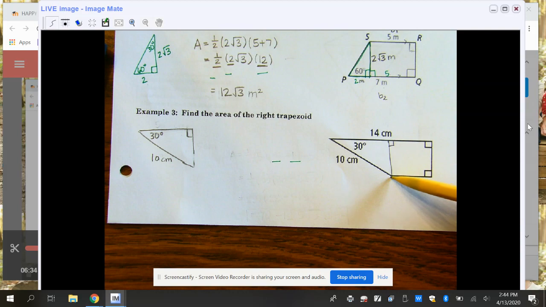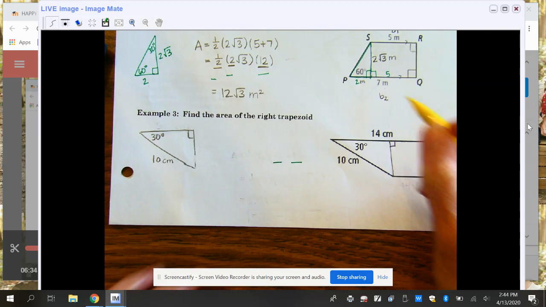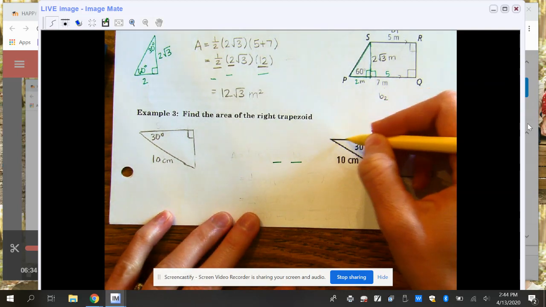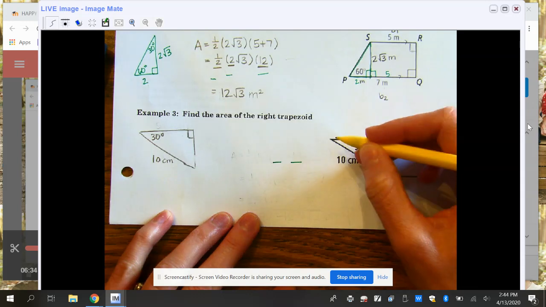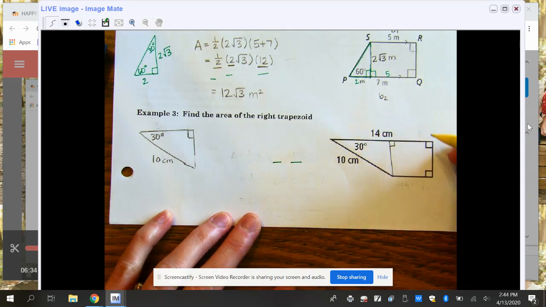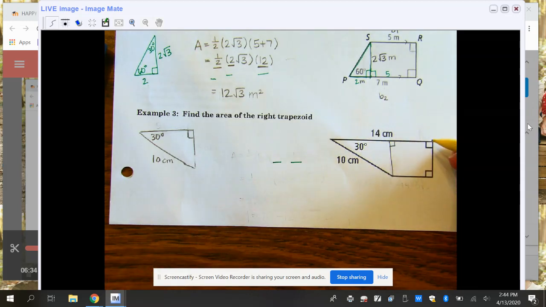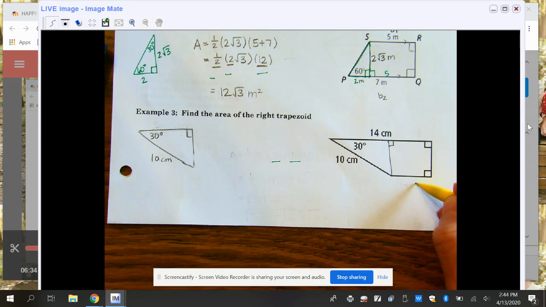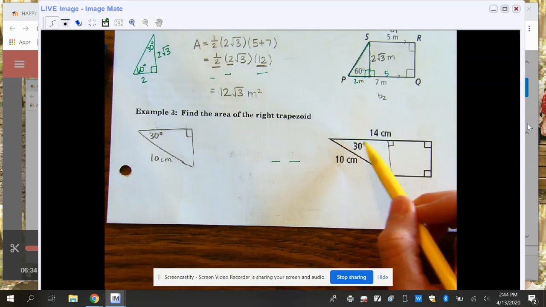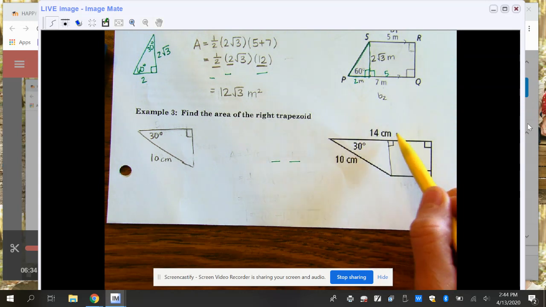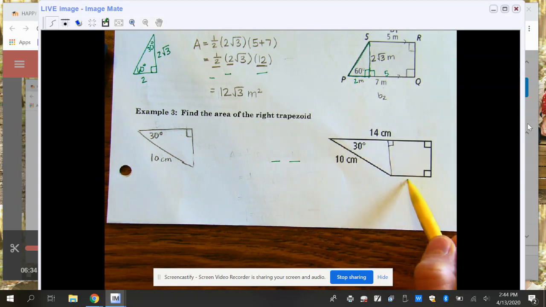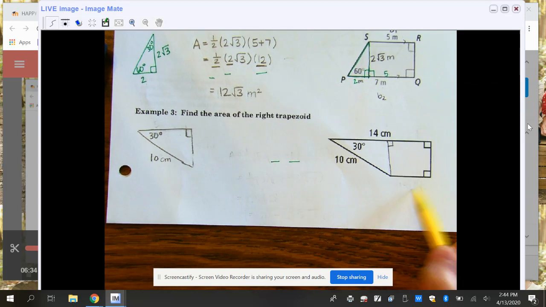So I still need the height, and then I also need to figure out what this side is, because all I know right now is that this whole length is 14 centimeters, but I don't know what this base is. And so I need to figure out the relationship between this length and the entire piece so that I can figure out what this other base is.